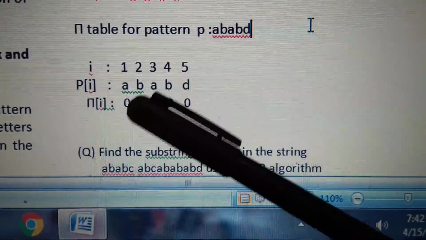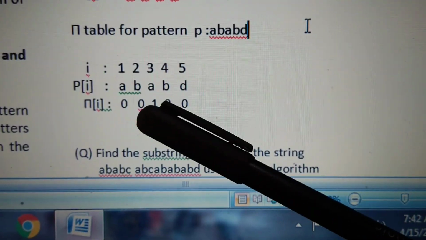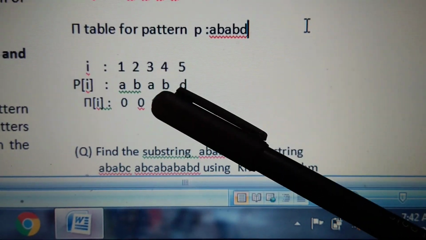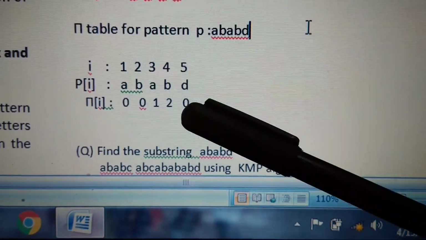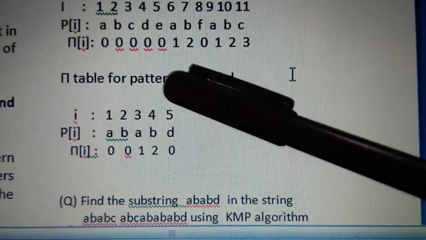Next you have to give the pi values. A initially 0, B is also 0 because B is not repeated. Now comes here A repeated 1, B repeated 2, and D is not repeated 0. This is the way of creating the pi table.